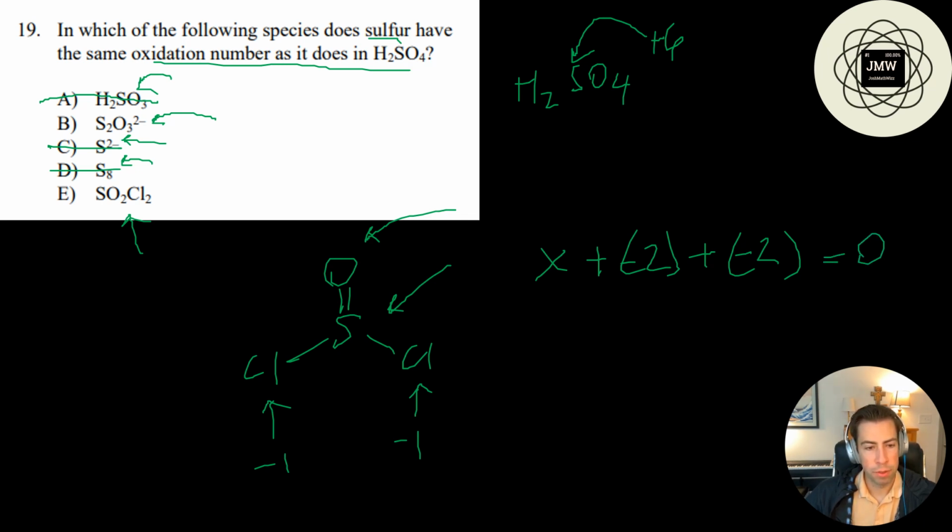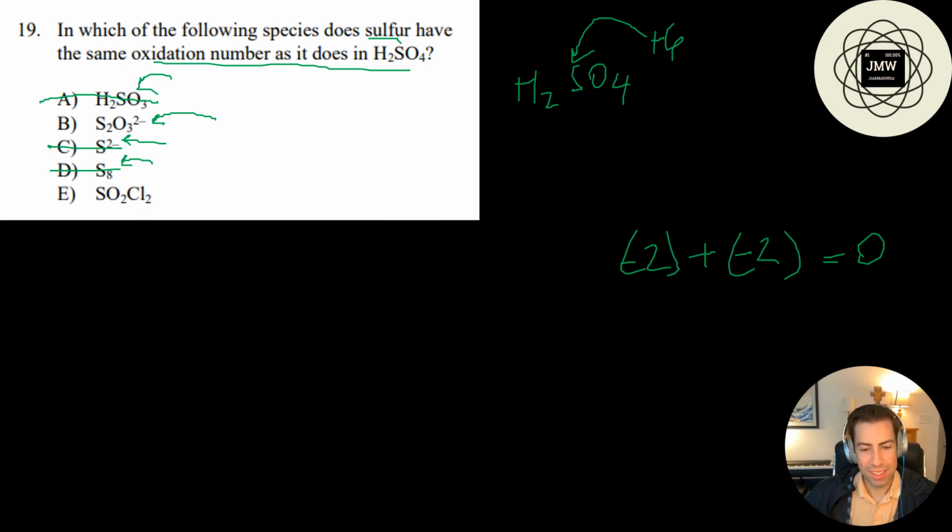Let me make sure that I'm doing that correctly. Wait, hang on. I'm sorry. I completely misread that. This is not thionyl chloride. There's 2 oxygens. All right, sorry, ignore what I said.